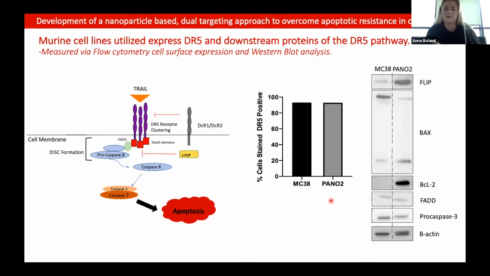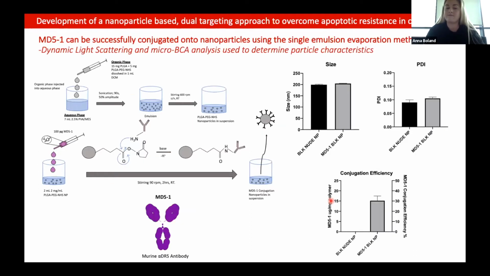BAX and BCL2 aren't hugely relevant to our story today, but it was important that we established that they were present. So then moving on to our actual DR5 agonist, the antibody we're using is clone MD5-1, which was a kind gift from Dr. Hideo Yagita at Juntendo University in Tokyo. We used the single emulsion evaporation method to prepare our particles. In our organic phase, we used PLGA and a PLGA-PEG with NHS functional groups conjugated.